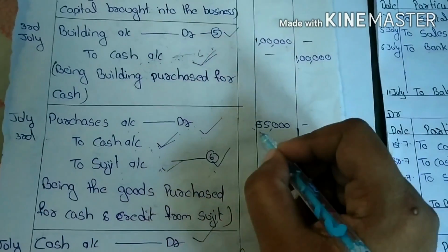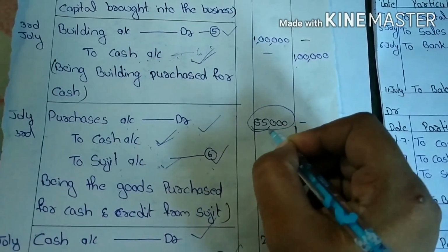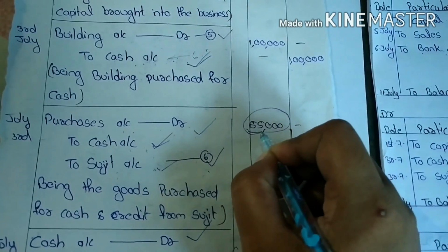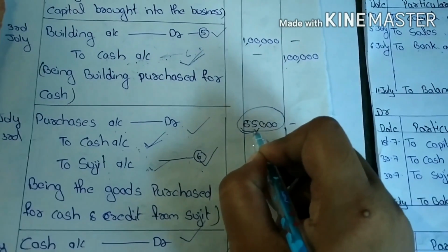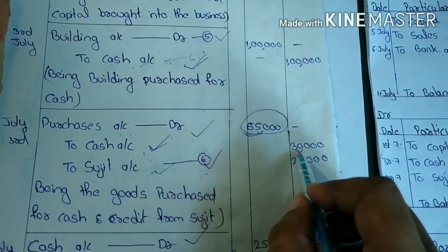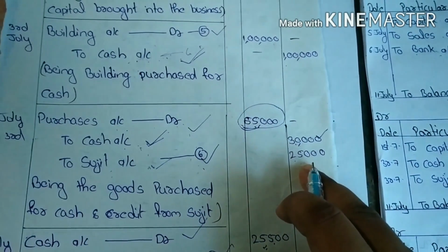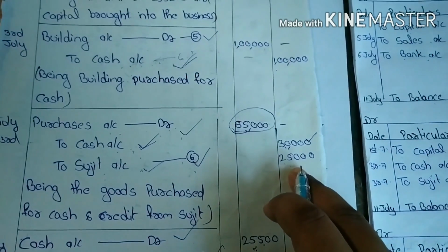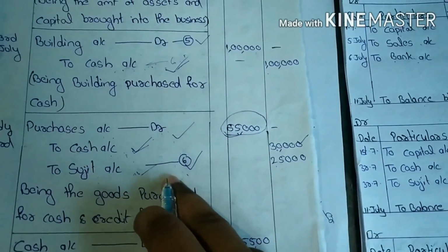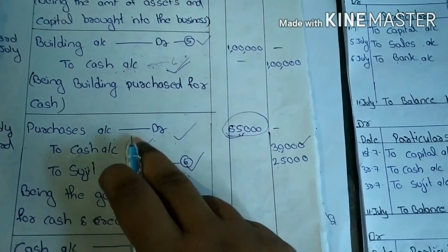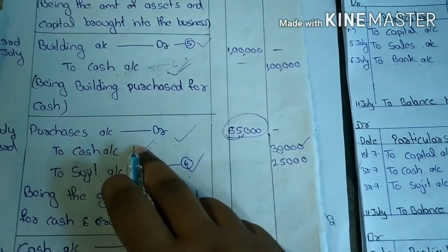These 55,000 are the total purchases. Of this total 55,000, 30,000 belongs to cash purchases and the remaining 25,000 belongs to credit, that is, Sujit purchases. But only cash transactions should be involved in the cash account.